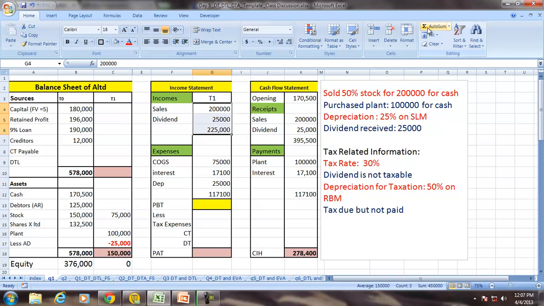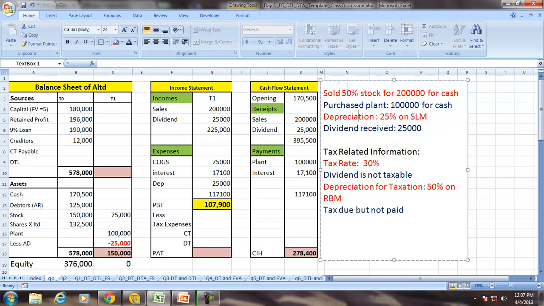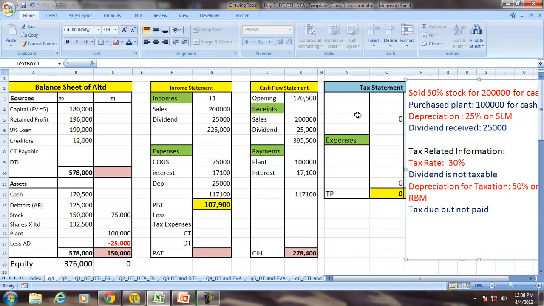So since all the expenses have been taken care of, we can find the PBT. PBT is equal to income minus expenses, so 225 minus 117,100. But before we calculate the tax here, since tax related information is given, that some incomes are not taxable and some expenses are allowed in a different manner, it is necessary to prepare the tax statement.